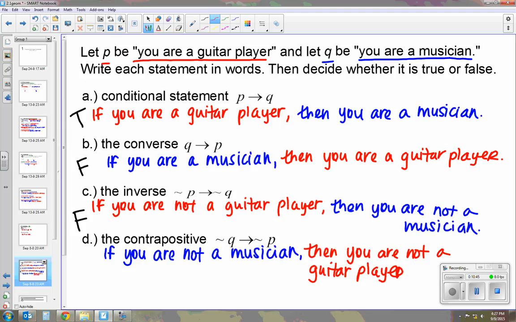And if you're not a musician, you don't play any type of instrument at all, so that is true. So those are all 4 of our different types of statements, and we really can use our symbols to help guide us write these statements.